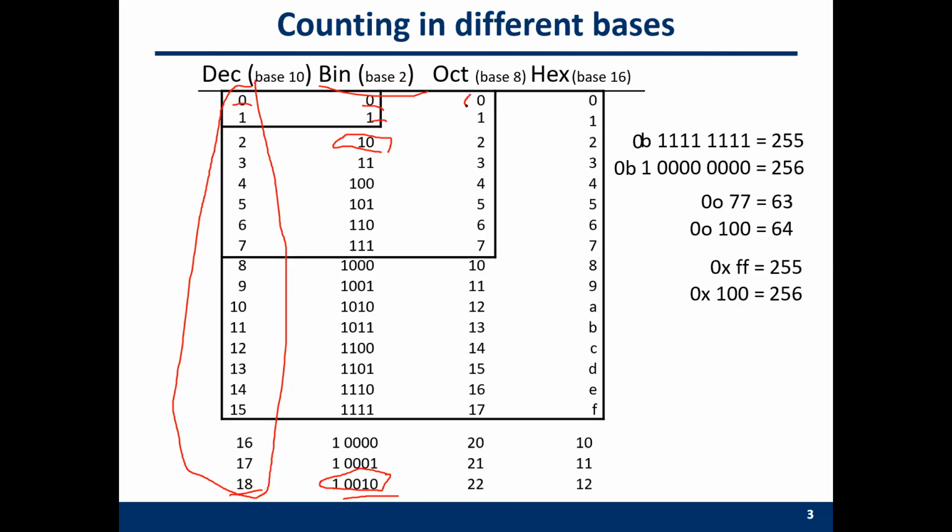For base 8, we only have 8 symbols here from 0 to 7. If we want to write decimal 8 in base 8, we have to write 1 0. So 1 0 in base 8 indicates a decimal 8.